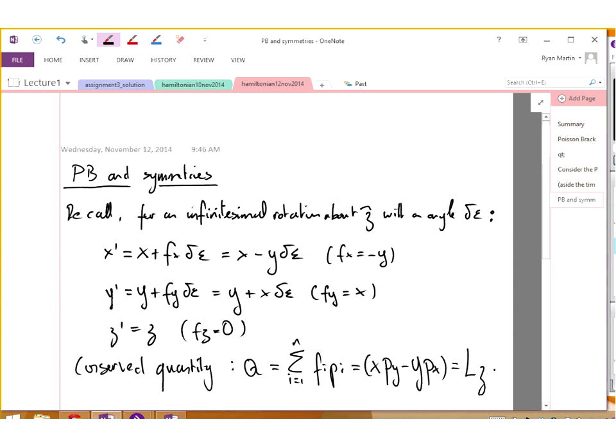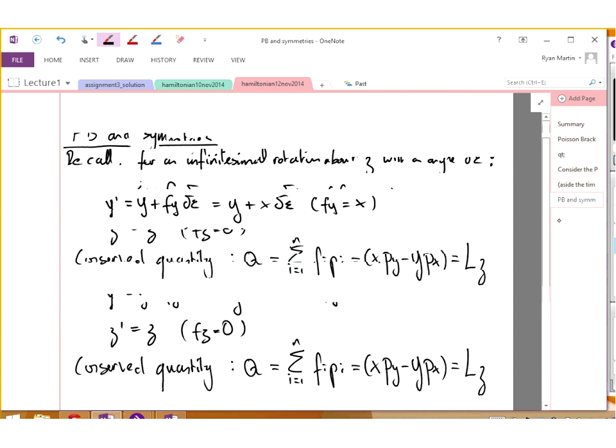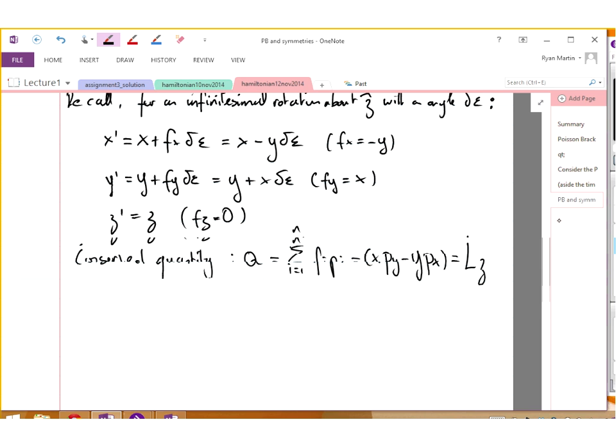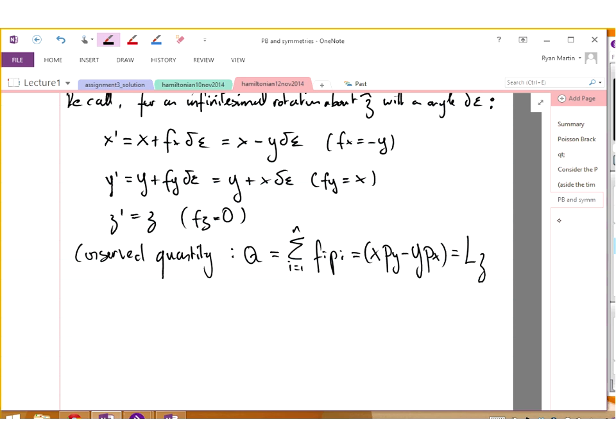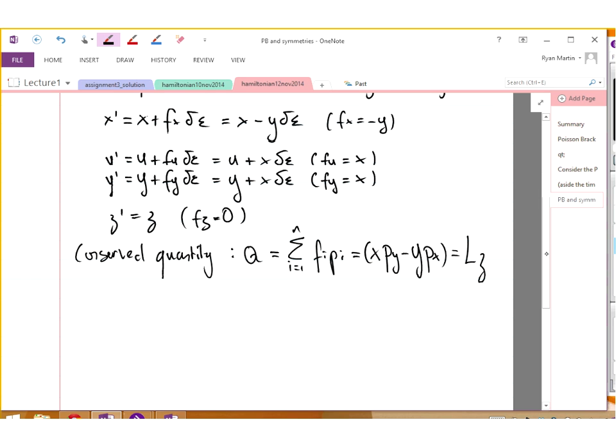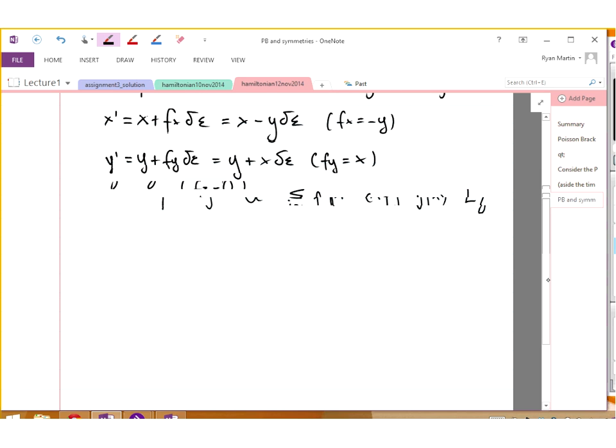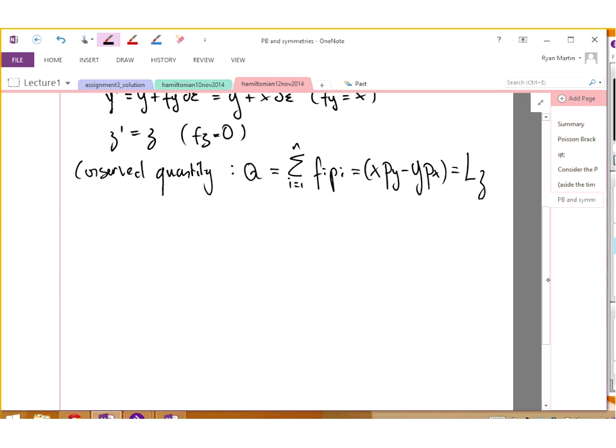And we also found that that was the z component of the angular momentum. So that's just a reminder of stuff that we've already looked at.